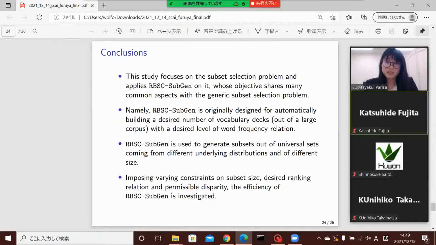So RBSC subject is to generate subsets out of a universal set coming from different underlying distributions and different sizes. Imposing various constraints on the subset size, ranking relation and permissible disparity, the efficiency of RBSC subject is investigated.